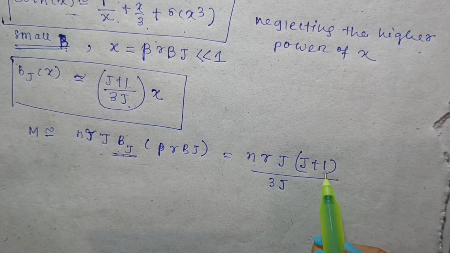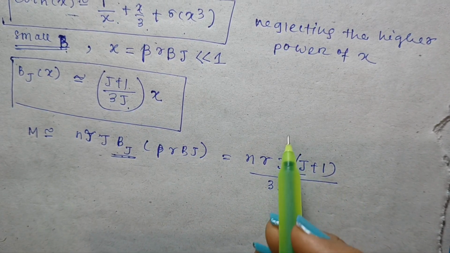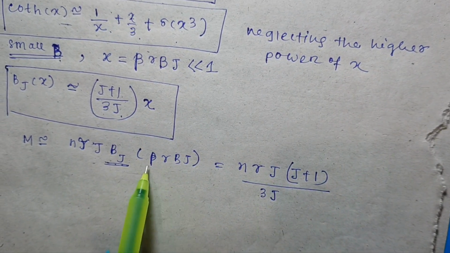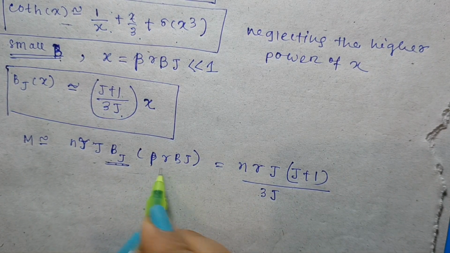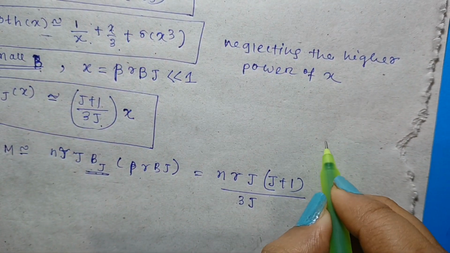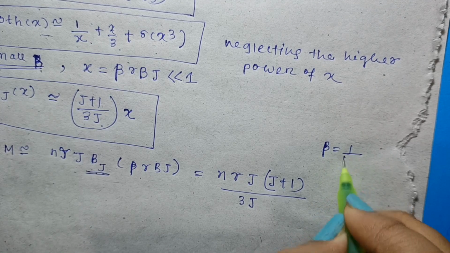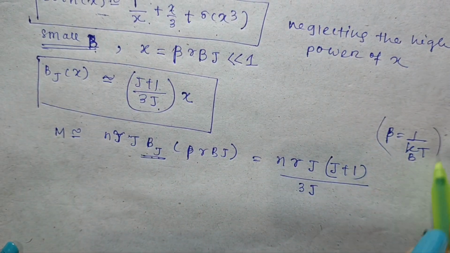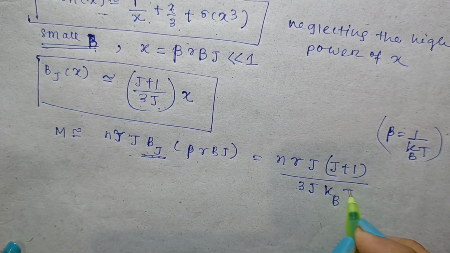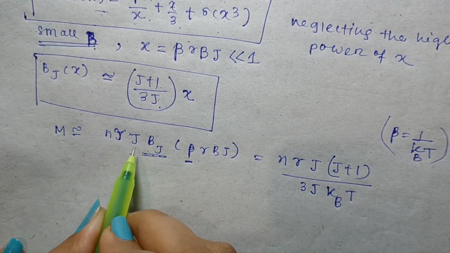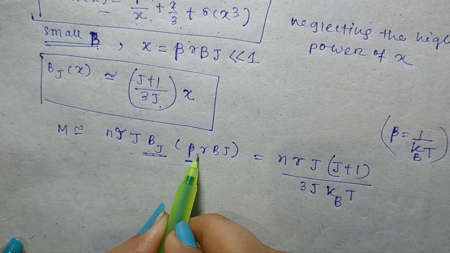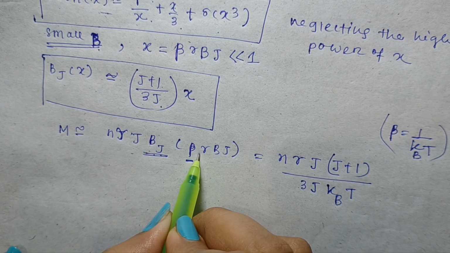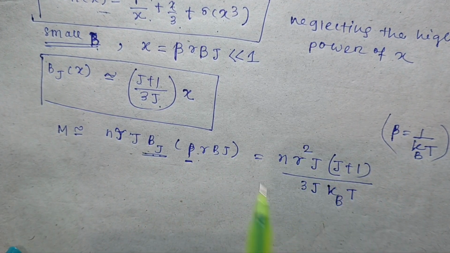And here also beta is present, so instead of beta I can simply put beta equal to 1/kT, or kBT. One gamma is here and another gamma, so it will be gamma square.